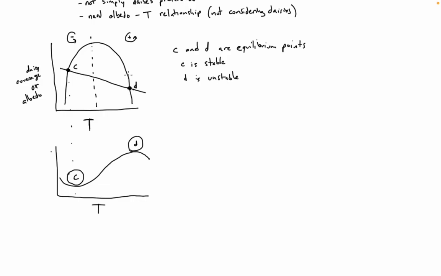More daisies are going to grow, because the daisies like it when it's a little bit cooler than these temperatures. Their optimum is not in that direction.